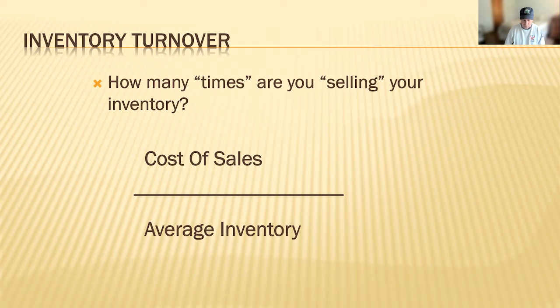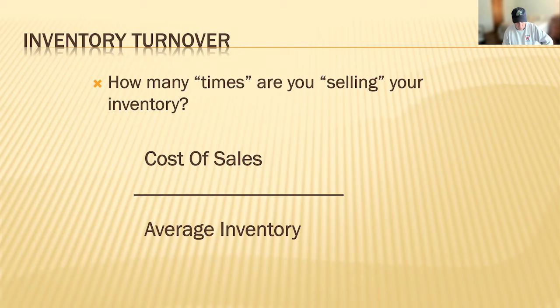if your inventory is costing you, on those $1 million in sales, let's say that inventory is costing you 500,000, and your average inventory, again, usually over a period of time, can be calculated at different points in time, but usually, let's say at the end of the year, it's $100,000.